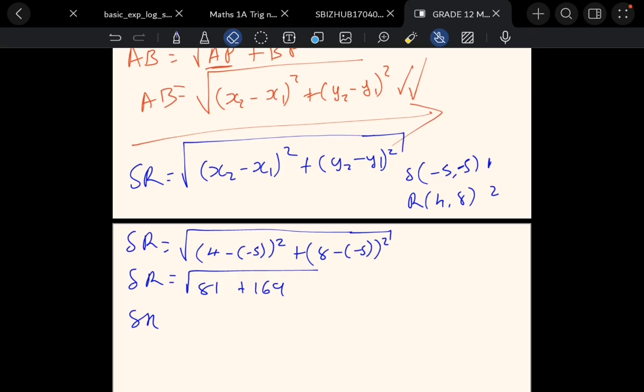The distance SR is going to be root 90 units. If you answer in the exam, leave it like this.